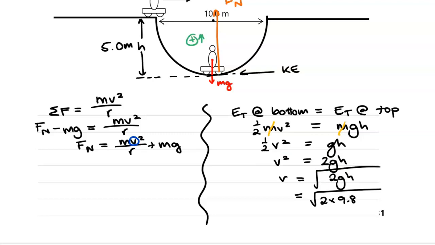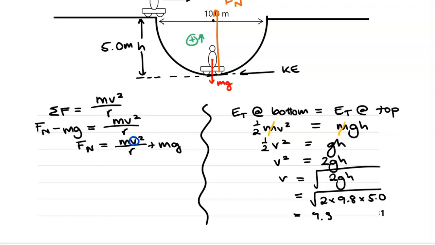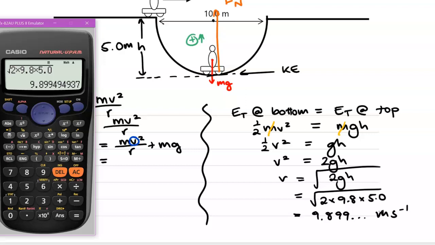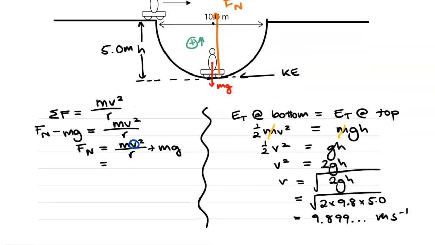2 times 9.8 times that height of 5.0. So that's about 9.899 meters per second. So going back here, if we squared that to find v squared, this is 98. So we'd have the mass of the person, it was, I've already forgotten, 60 kilos, times 98, that was the value of v squared.